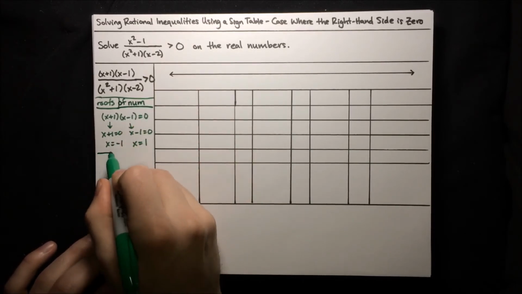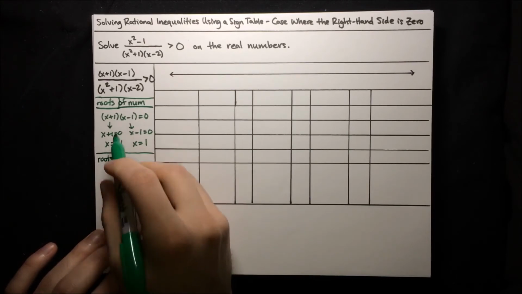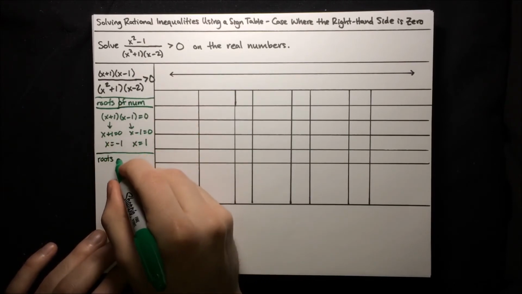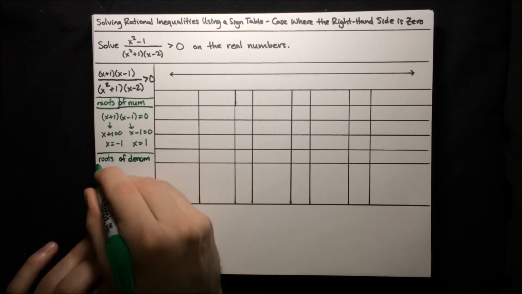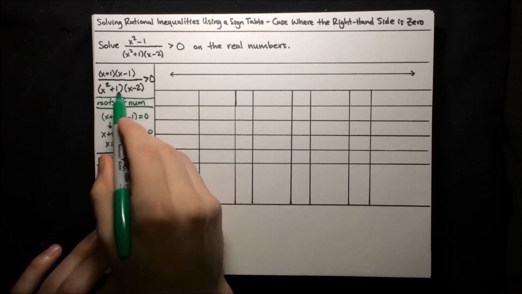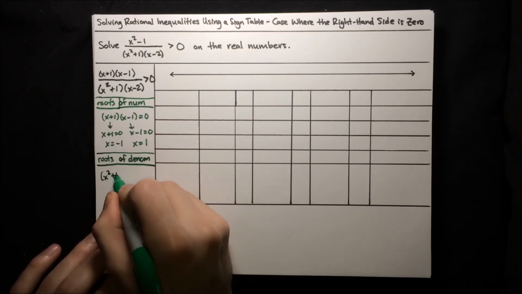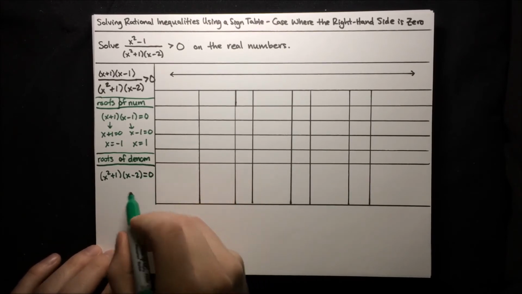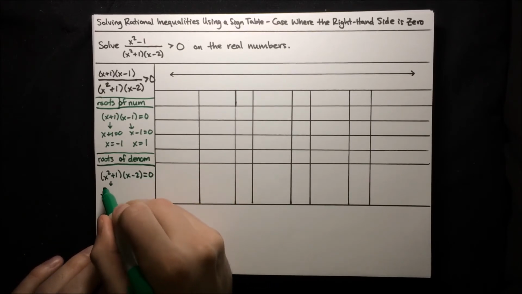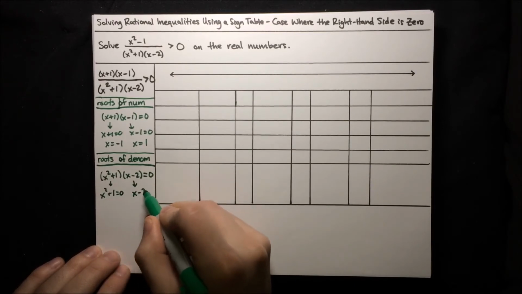And we also want to find the roots of the denominator. Those are the values which make the expression undefined, because the denominator goes to 0. So for the roots of the denominator, we set the denominator equal to 0: (x squared plus 1) times (x minus 2) equals 0. So either x squared plus 1 equals 0 or x minus 2 equals 0.